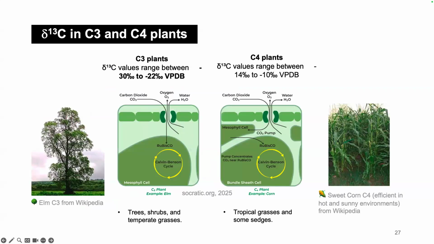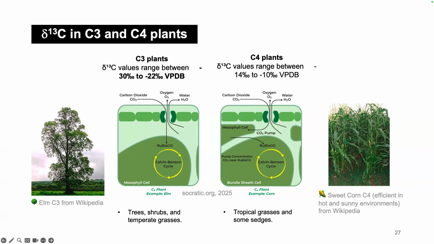Delta 13C variations in vegetation provide key insights into past environmental changes as they distinguish between C3 and C4 plants with different photosynthetic pathways. C3 plants, including trees, shrubs, and temperate grasses, rely on the Calvin cycle, which preferentially excludes 13C, resulting in delta 13C values between negative 30 per mil to negative 22 per mil.